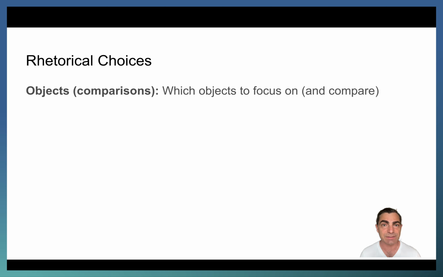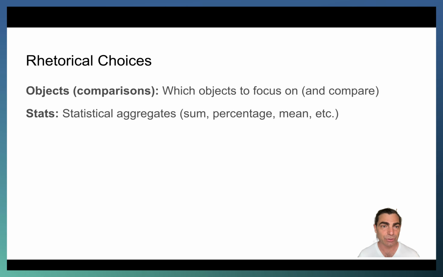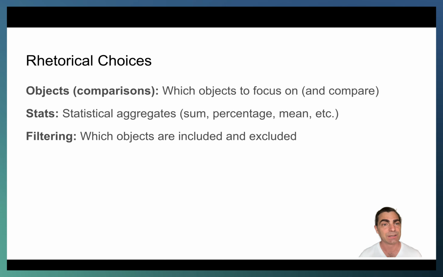And the first one is about which objects to display and compare in the first place, typically done by deciding what attribute or attributes to use to aggregate data. Second, what are the statistical aggregates that you decide to use? And we saw that according to which one you use, you can communicate very different messages sometimes.